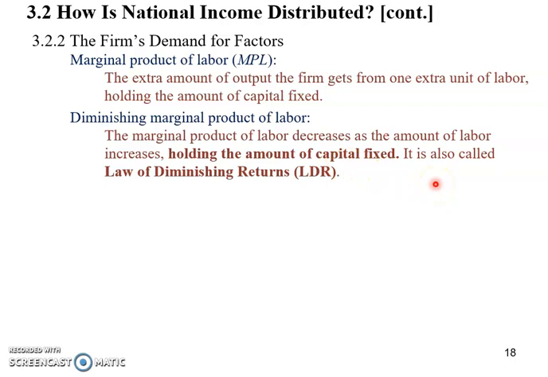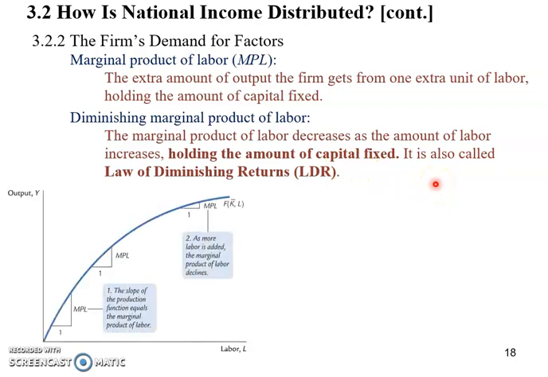Now, if we want to put this on a graph, we could put labor on the horizontal axis and output on the vertical axis. The curve here is the total product or total output curve.